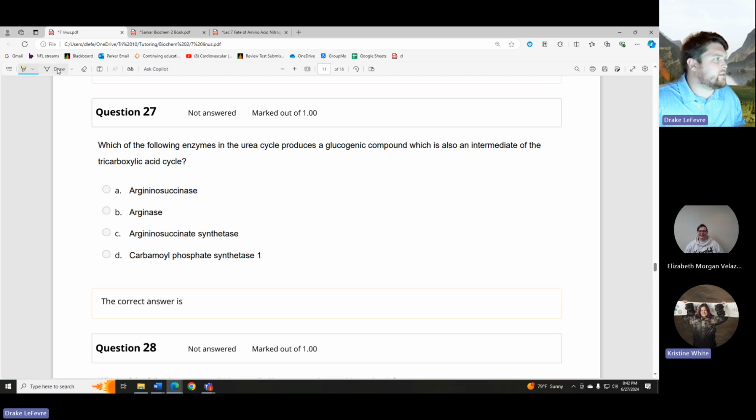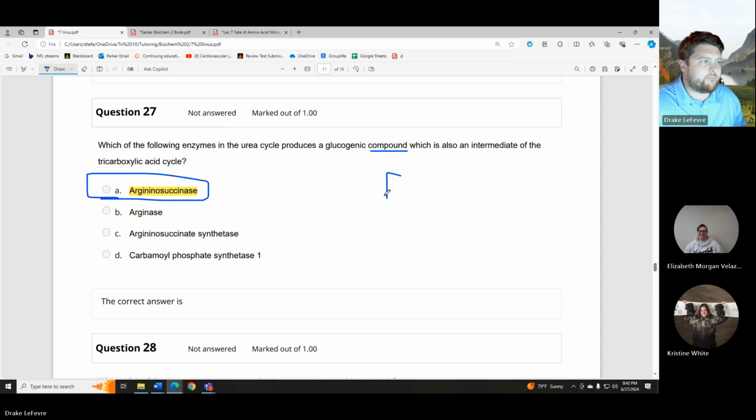Let's think about this. Which one? It's one of the arginos, right? Yeah, it is. Yeah, I was going to say A. Arginosuccinase. Do you guys remember what the compound is that gets created by the arginosuccinase? Can't remember.